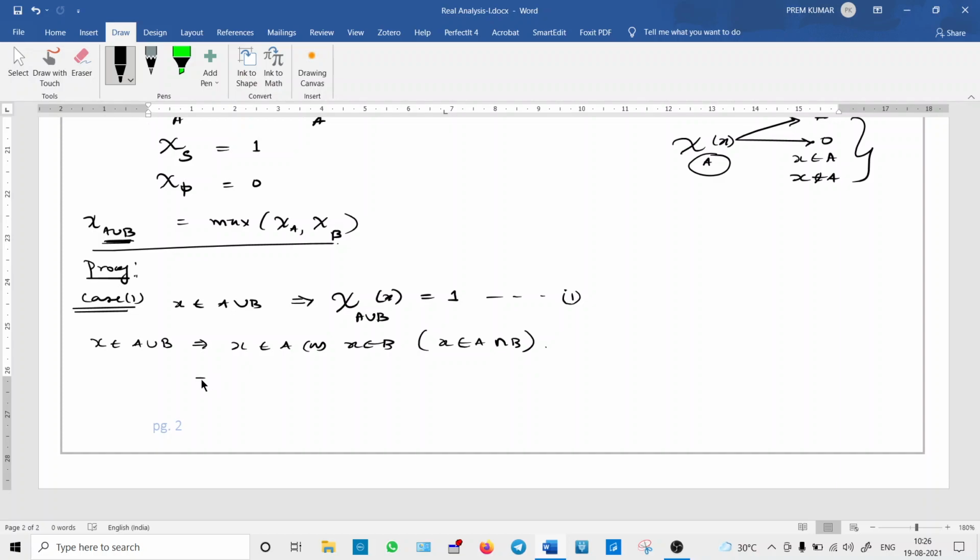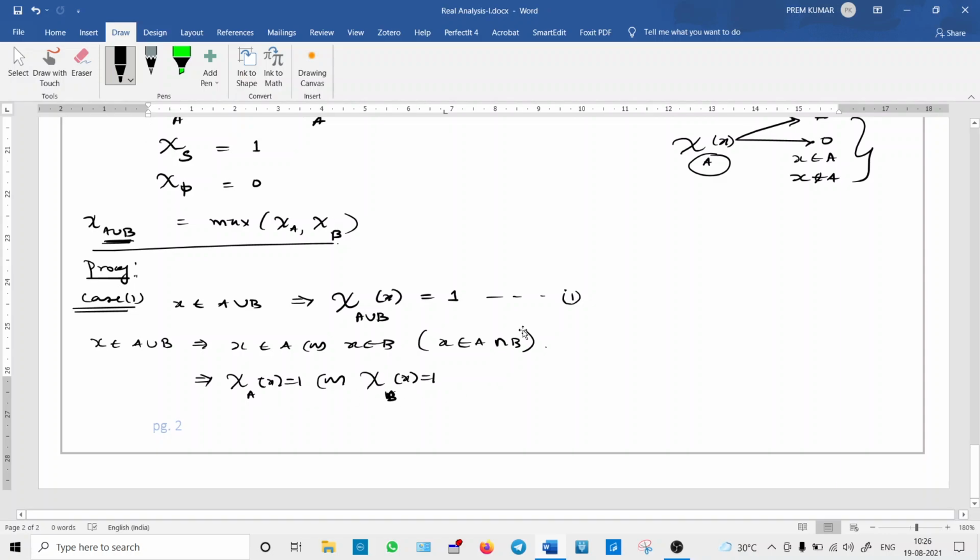Then if x belongs to A, chi A of x value is 1, or if x belongs to B, chi B of x value is 1. In both cases, if it belongs to A intersection B, it belongs to A as well as B, so both the values will be 1.